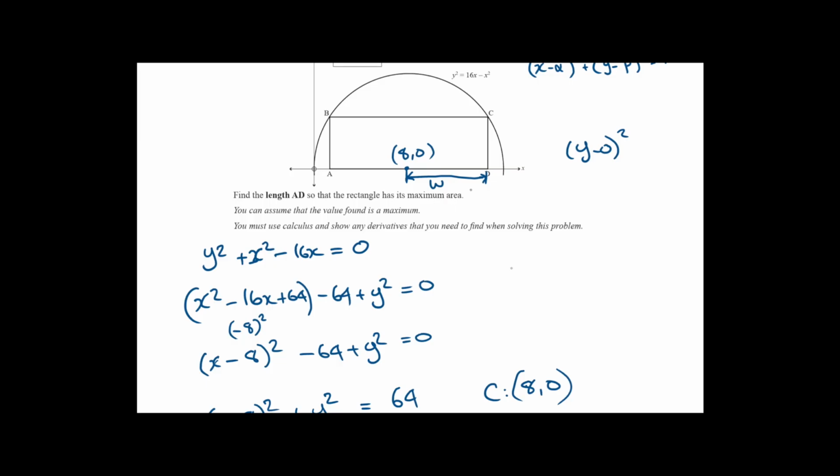This width can change, it can move in or out, and we want to find the W such that it maximizes the area. Now, the x coordinate is therefore going to be 8 plus W, because there's 8 units from here to here, because it's the center of the circle, and there's W units from there to there.